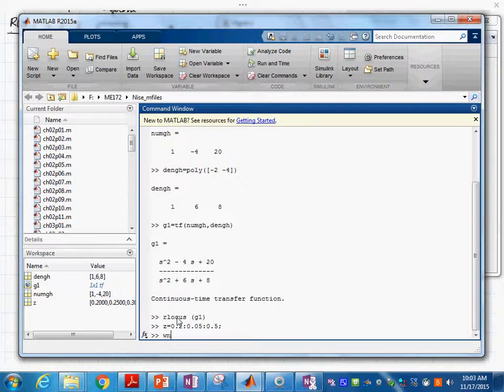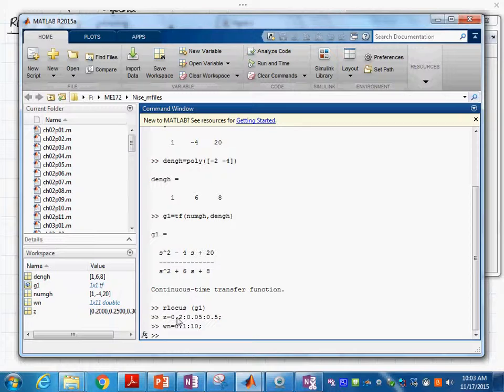The natural frequency, we're going to establish again a range from 0 in steps of 1, let's say, until 10, like that.